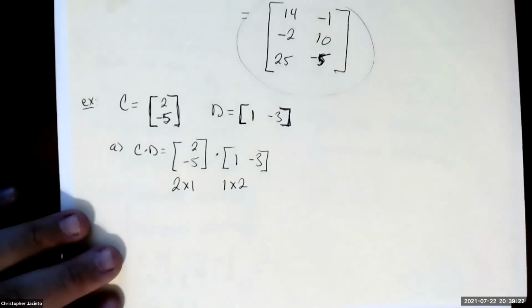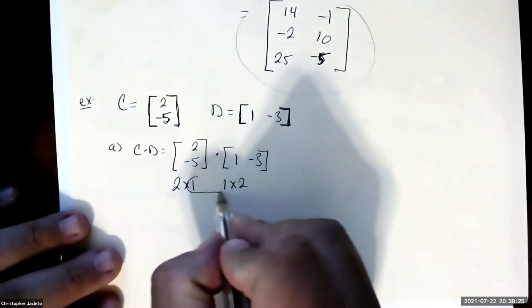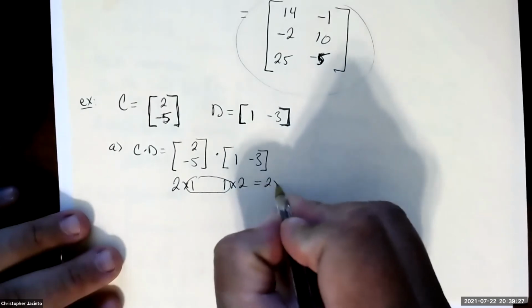So it is possible, right? Definitely possible because they engulf. So the result is going to be a 2 by 2.